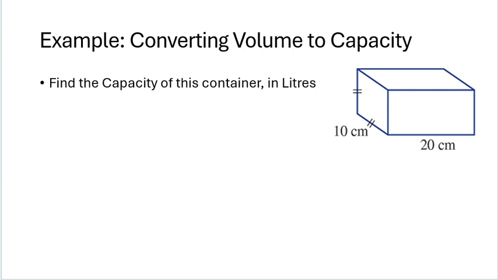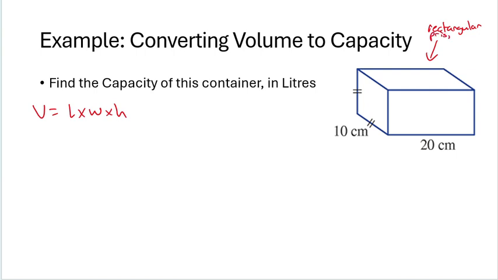Here we go. So find the capacity of this container in liters. So very straightforward. I need to find the volume of this rectangular prism first. So the formula we use to find the volume of a rectangular prism is length times width times height.